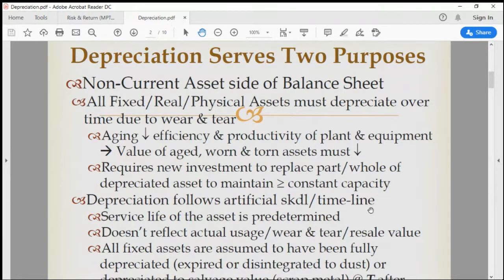So depreciation follows an artificial schedule. Service life of an asset is predetermined. For business assets like production equipment, machinery, think about it. With usage, they wear and tear. Makes sense? Aging brings wear and tear.